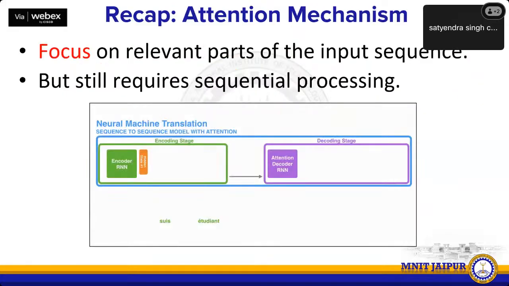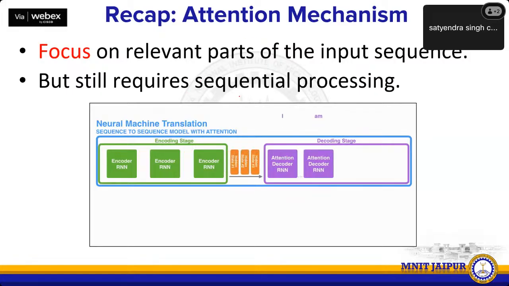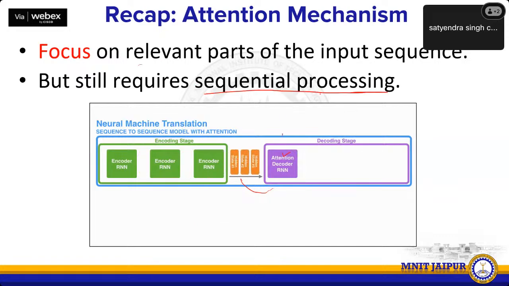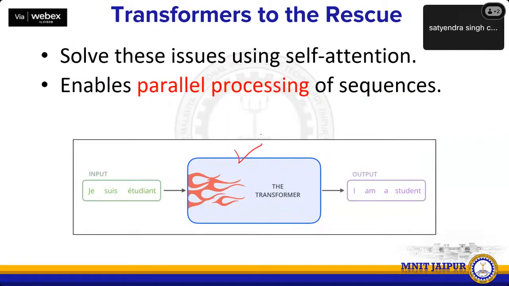So we introduced the attention mechanism, where on the decoder side, instead of only using the last hidden state as the context vector, attention uses all the hidden states and finds the relevant part of the input sequence. But it still requires sequential processing. That is the main problem with the sequence to sequence model. That's where transformers come into the picture, enabling parallel processing of sequences.